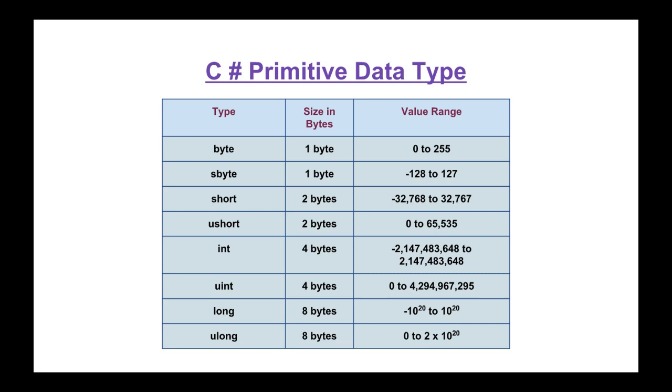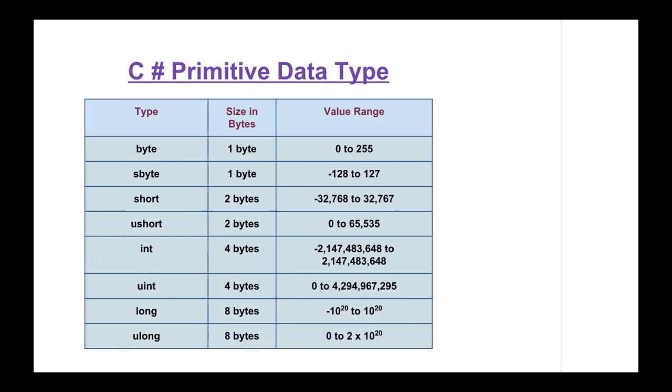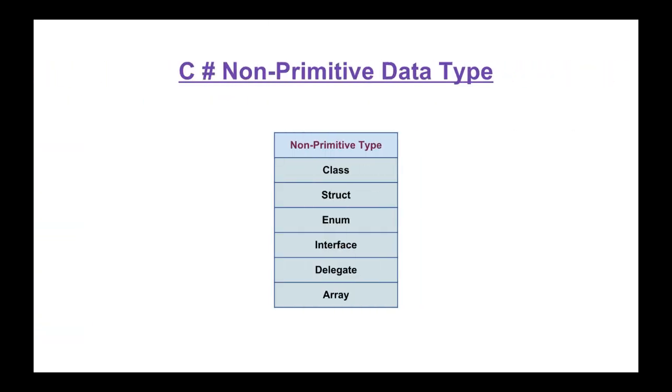The second type of data types in C# is the non-primitive data type, and these are the classes, struct, enumeration, interface, delegates, and array. We will learn about all these in the future lessons. In .NET, Microsoft has divided data types into two parts: value type and reference type.